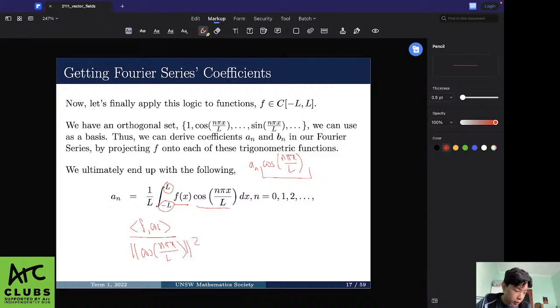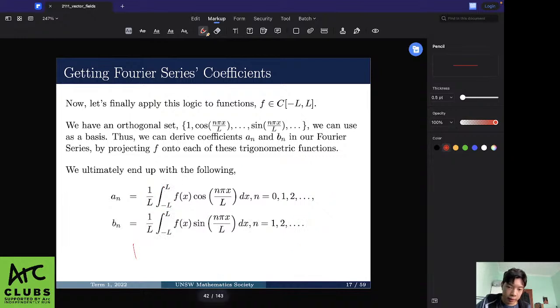And we'll discuss later that the norm of cos n pi x on L is actually equal to root L. So 1 on the norm squared of this cos is going to be equal to 1 on root L squared, which is 1 on L. And that's what we see right here.